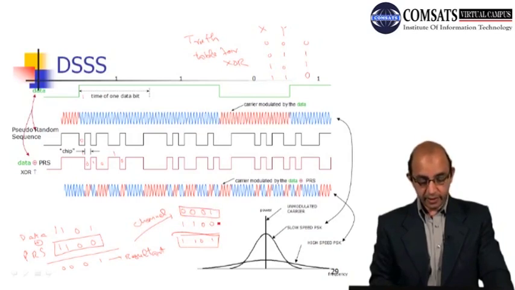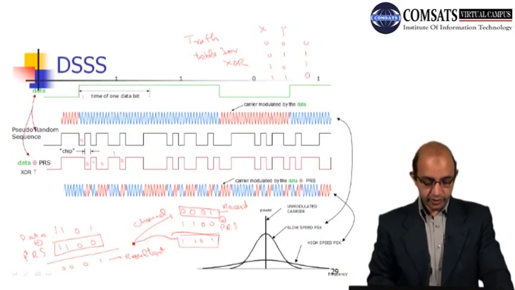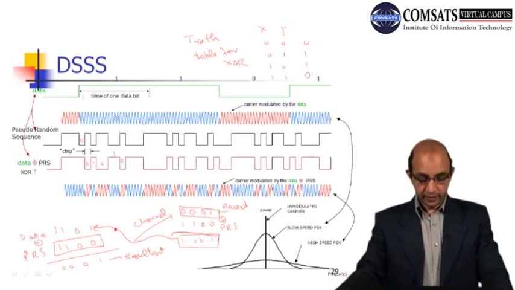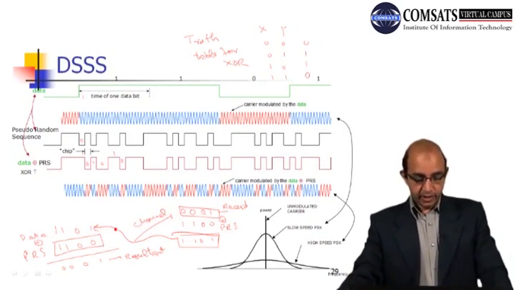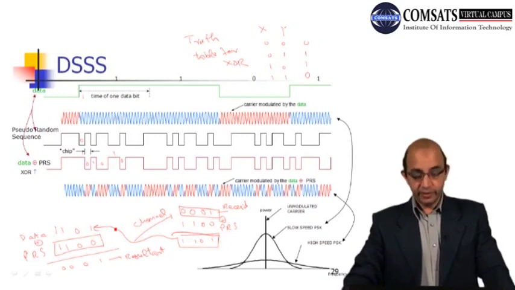The receiver receives the bits, and those received bits are XORed again with the pseudo random sequence. And what is this? This is the original data that we are interested in, and we want to retrieve the data.